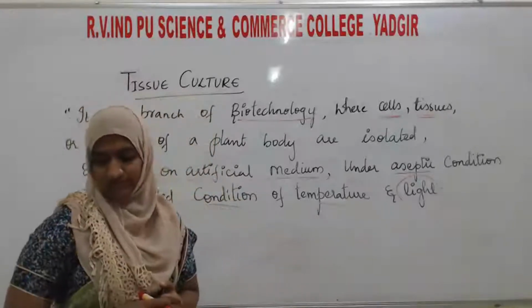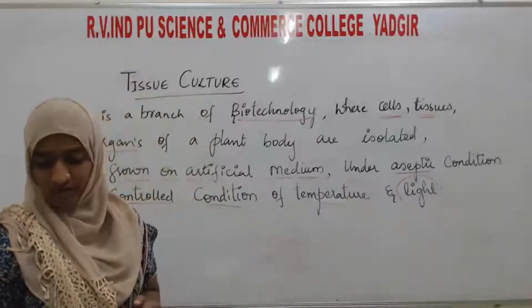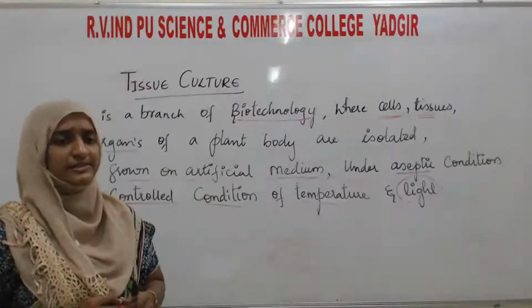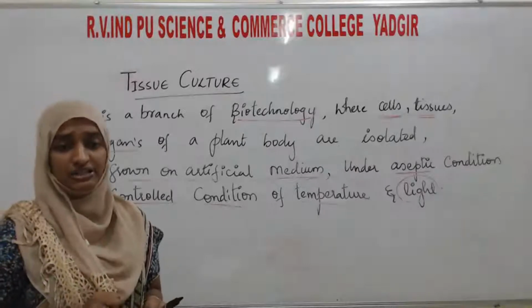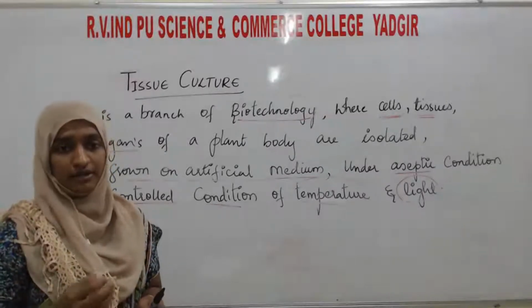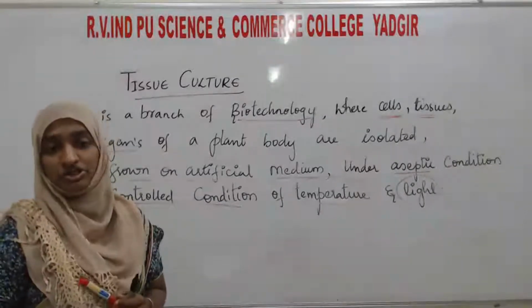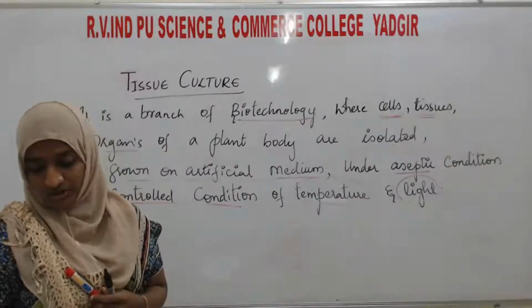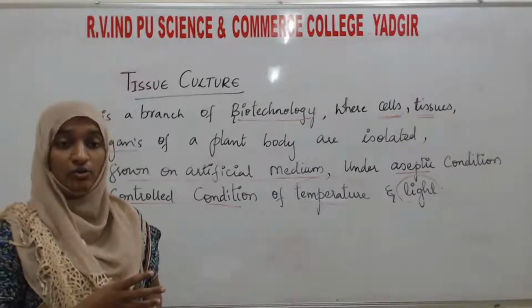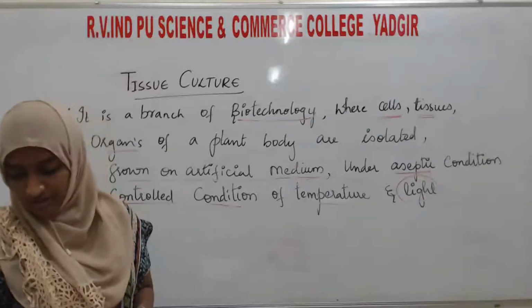Okay, so next we will see in this topic what they do. They take the plant tissue, either the cell, the tissue or the organ, cut it, and then take it for tissue culture. So let's see what that particular cell or tissue is known as.